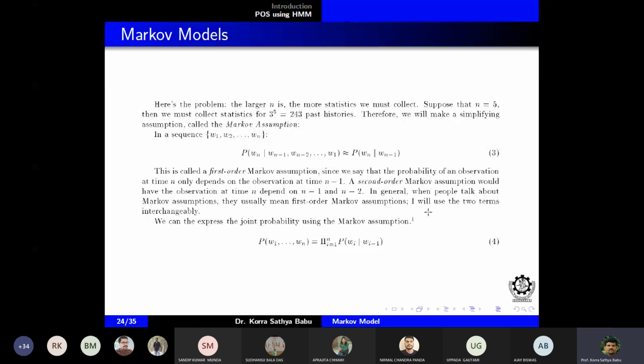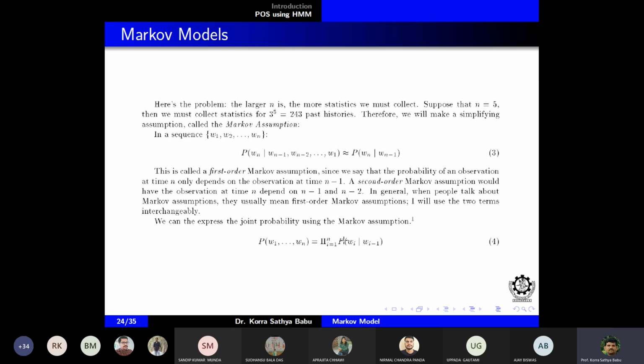So we say that the probability of an observation at time n only depends on the observation at time n minus 1. Because of this, we are interested in bigrams. If we say trigrams, we are interested in n minus 1 and n minus 2. If it is quadgrams, n minus 1, n minus 2, n minus 3. If it is 5-gram or pentagram, then n minus 1, n minus 2, n minus 3, n minus 4, like that.